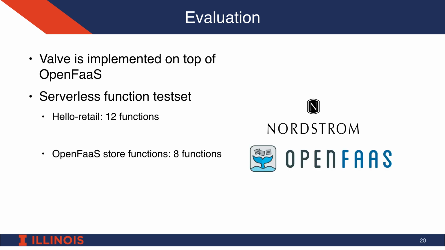We also use 8 model functions from the OpenFaaS function store in our evaluation. And finally, since we envision that trigger action platforms will move to a serverless setting due to their support for event triggers and actions, we implemented 2 proof of concept workflows based on trigger action rules.